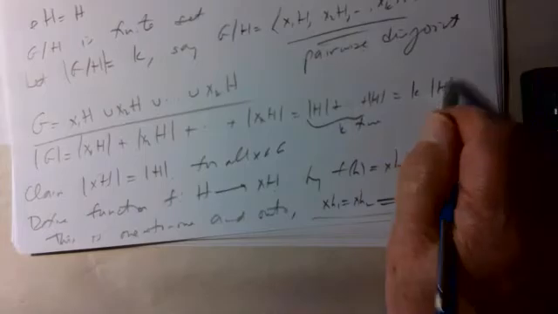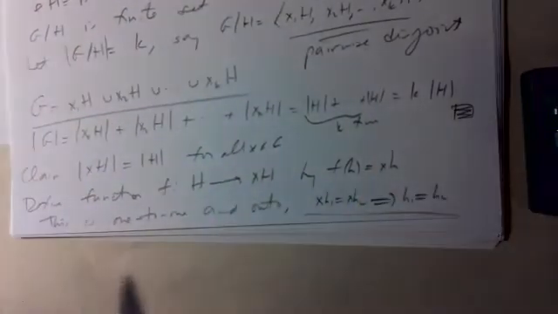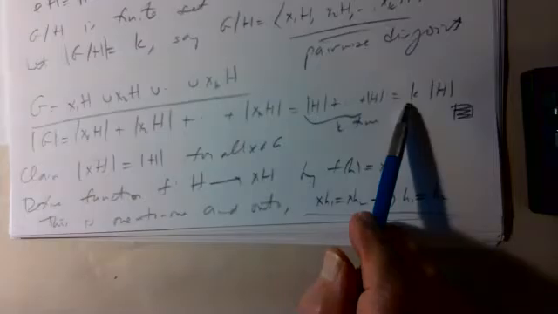That's k times the cardinality of H. And that's the end of the proof, because k is the index. So we just proved that the order of G is the index times the order of H.